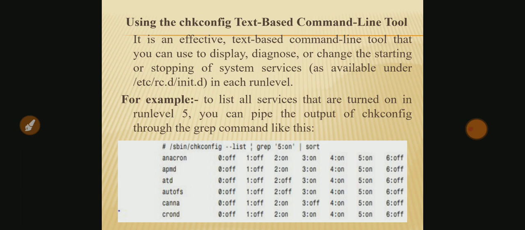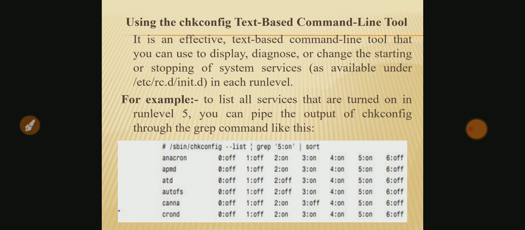With the help of chkconfig, we will come to know which service is on in which run level. So it makes the administrator comfortable in deciding which service to start or which service to stop.